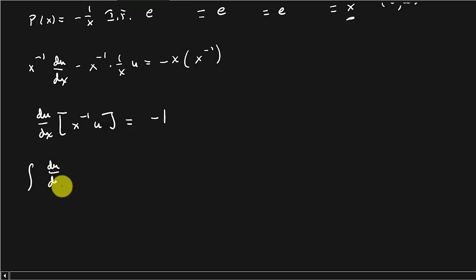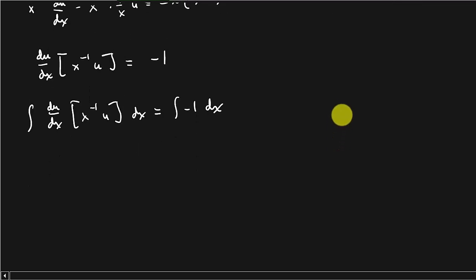We got the integral of d/dx of x to the negative 1 u dx equals the integral of negative 1 dx. All right, so that's going to give us x to the negative 1 u is equal to negative x plus our constant c.